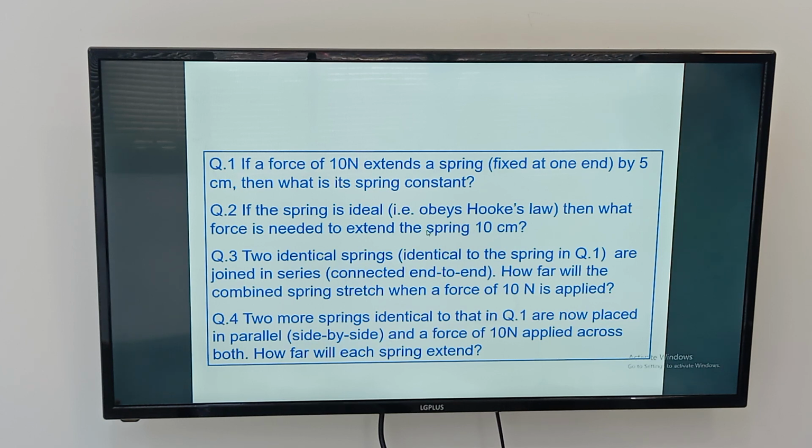By going back to the law of Hooke, F equals negative the constant times the extension. Let's assume the constant of this spring is the same as the constant of the spring in question 1. So it will be 2 multiplied by 10.